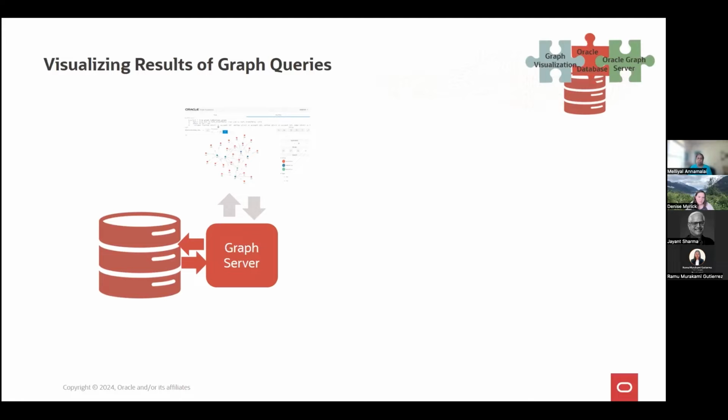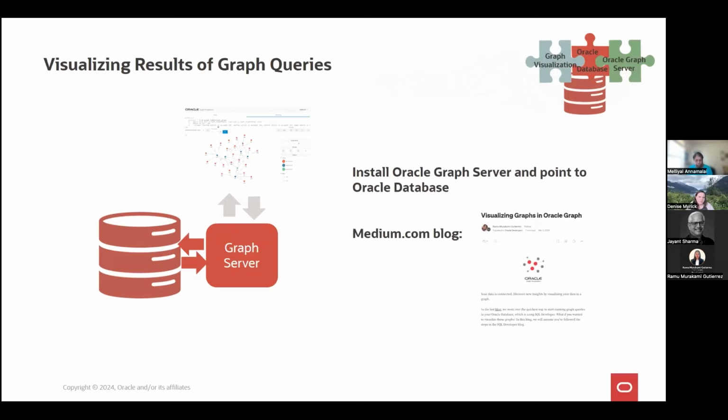We also have a JavaScript library that you might want to use when you want to incorporate this graph visualization in your own visualization tools and dashboards. So to start visualizing results of graph queries, you would need to install Graph Server and point it to the database. And this is the blog again on medium.com that helps you do that.